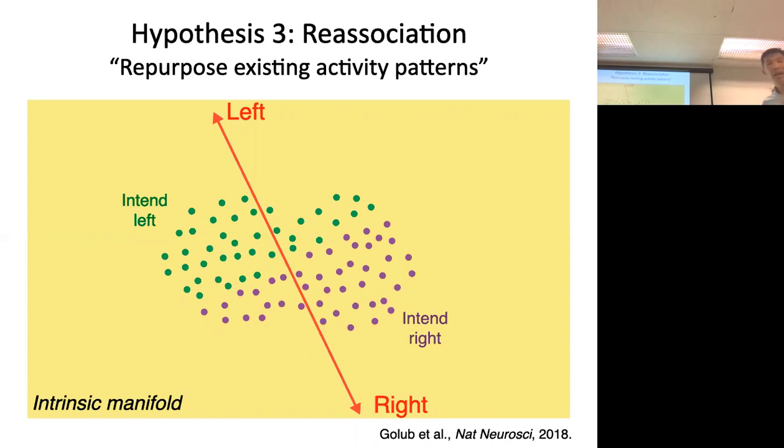So what this implies, if we think across the results from part 1 and also now this part, is that neural activity seems to be not only constrained to this low dimensional space, i.e. the intrinsic manifold, but within the intrinsic manifold, it seems that there are further constraints where neural activity cannot go anywhere within the intrinsic manifold, but rather there is some neural repertoire, some space of activity patterns, which tend to be easier for the animal to learn to produce.